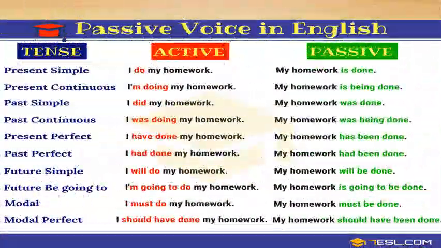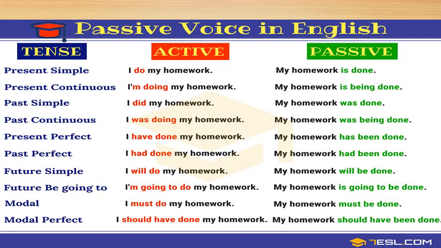Yesterday, I told you that in our English language, we have two forms, the active form and the passive form. In the active, we are much more concerned with the subject, the doer of the action. But in the passive form, it's completely different, because the subject is less important than the object.